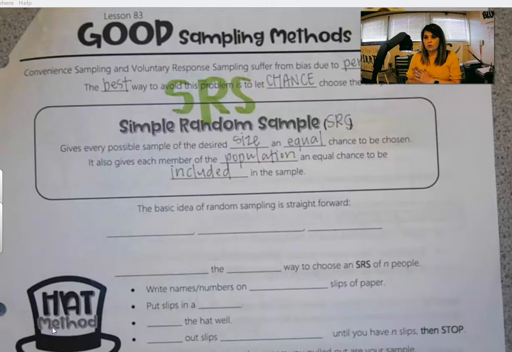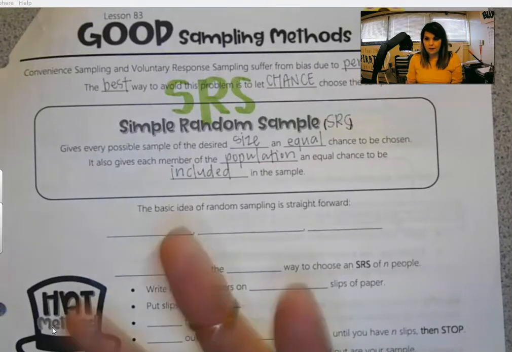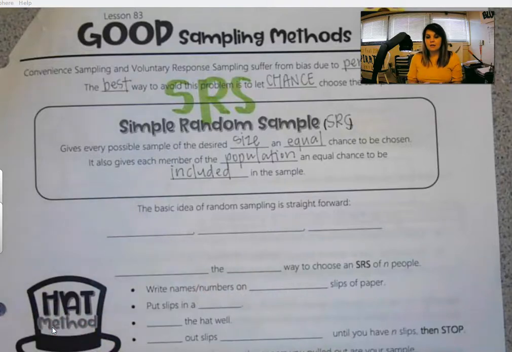So we talked about in our sampling methods unit that a sampling distribution is every possible sample that you can take of size 5. A simple random sample ensures that the chance you will select a sample of size 5 is the same for every sample of size 5.